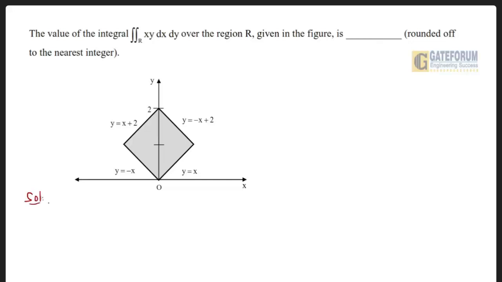Solution. This is O, this is A, this is B. So once again, I am drawing the diagram. This is the X-axis, this is the Y-axis.